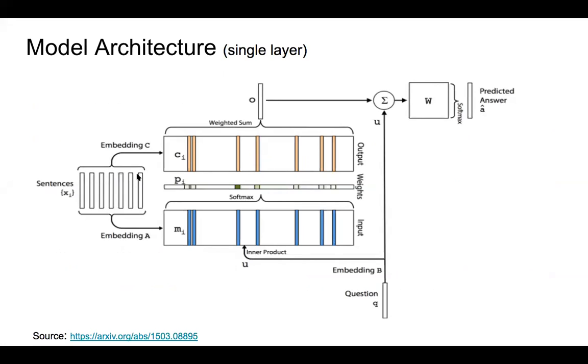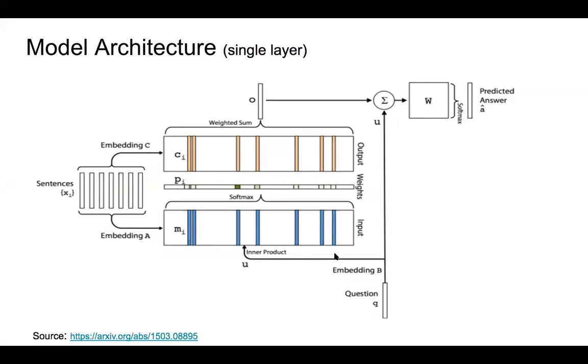So let's take a look at the model architecture. Let's say these can be words or sentences, like "the dog jumped over the", and that is the input that comes to the model. The model has an embedding matrix A, which embeds each of the words in the sequence into the memory buffer. The embedding matrix A will be of dimension vocab size cross embedding dimension.